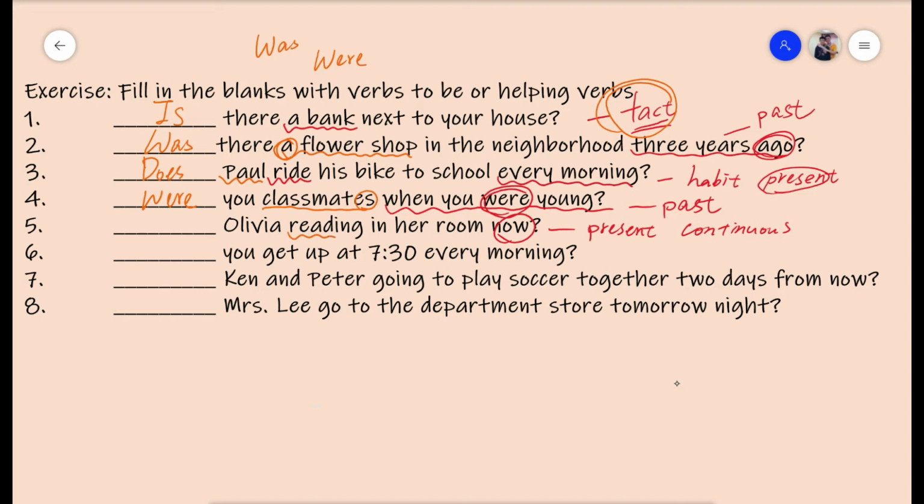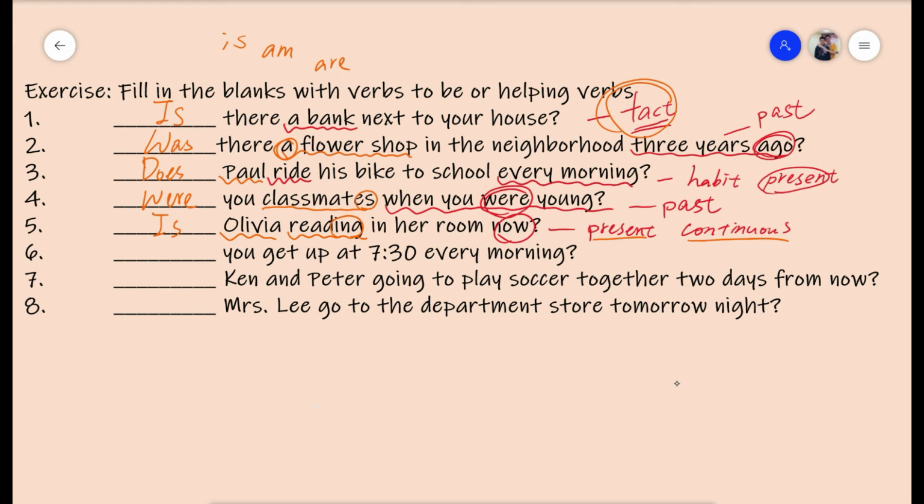You can see that reading, and we'll talk about this at the beginning of the video. We say that if you see ing at the end of a verb, you know you have to use a be verb. Now since this is present continuous, the be verbs, or the verbs to be, there are 3, is, am, or are. Which one can be used here? The person is Olivia, so of course we have to use is. Is Olivia reading in her room now?